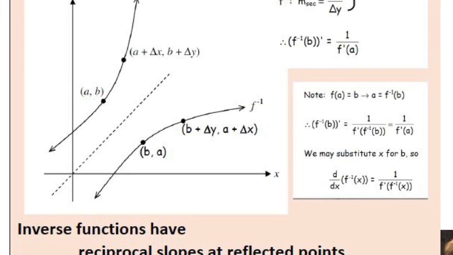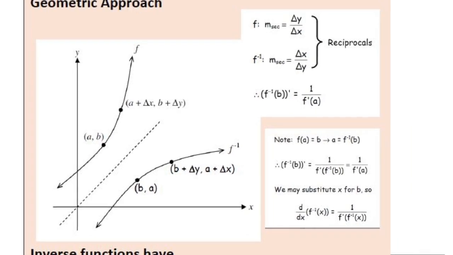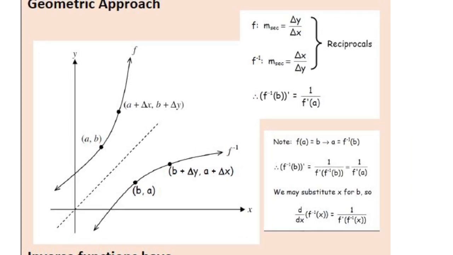Geometrically, let's take a look at what's happening here. If we look at the slope of the secant line, that would be delta y over delta x, the change in y over change in x. But if we look at our inverse function, these slopes are actually reciprocals of one another.